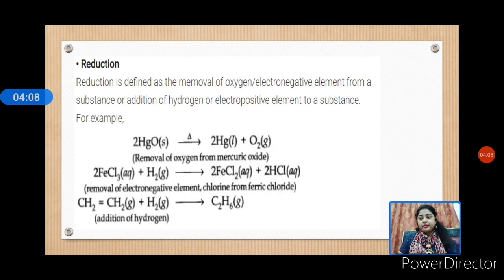Reduction. Reduction is just the reverse of oxidation. It means removal of oxygen, removal of an electronegative element, addition of hydrogen and addition of an electropositive element. These types of reactions will show reduction. Here few examples are given.